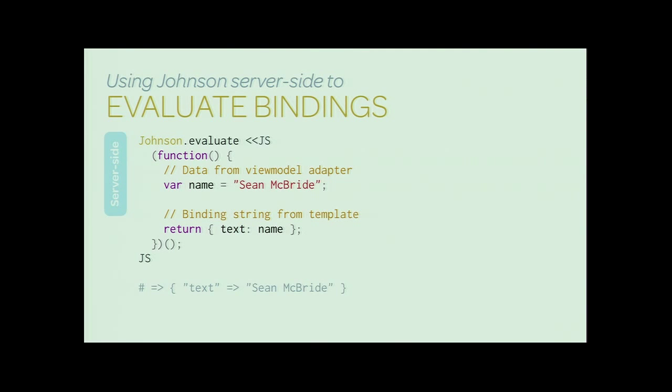So in this case, we have code that just writes out a variable name for each of the data properties in our view model adapter, and then we just have our binding string there, text:name. We interpret that as an object literal, and then we return the resulting value back, and that gives us that text should be Sean McBride. That's super simple, but obviously they get more complicated.